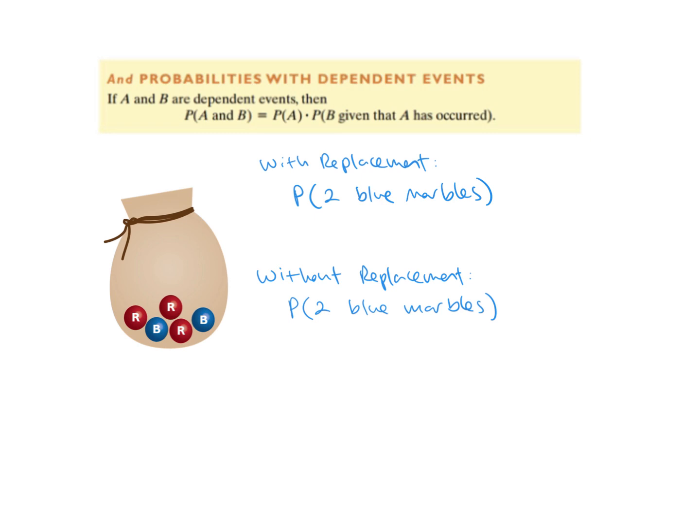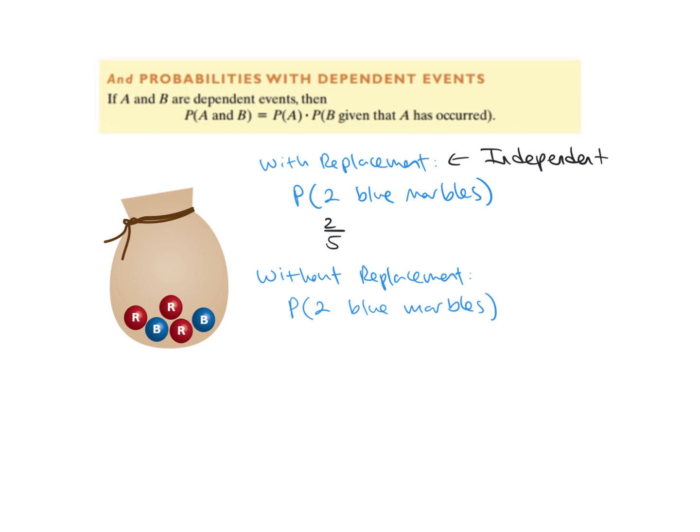And the first type, with replacement, is going to be independent events. So when I find the probability of drawing 2 blue marbles in a row, in this case, there's 2 blue marbles out of 5 in all. And then I assume I get a blue marble, but then I put it back.